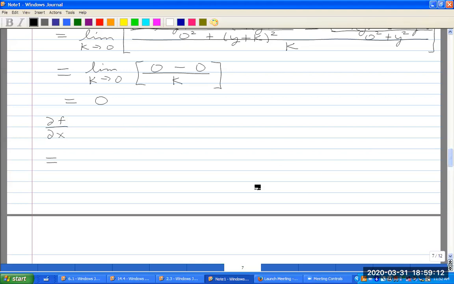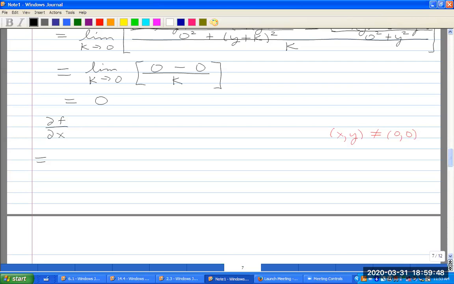And let's assume that we're not here at the origin, so assuming that x, y is not 0, 0. So let's take the partial of f with respect to x. I guess I have to do this no matter what.